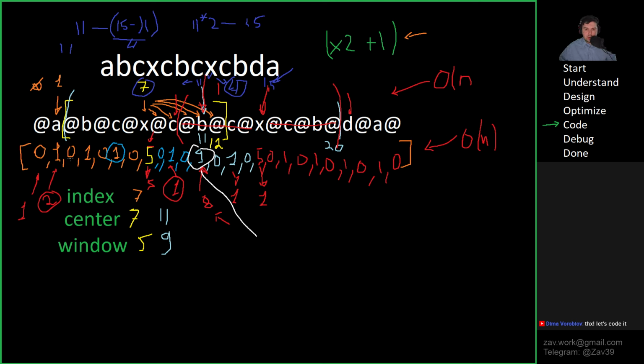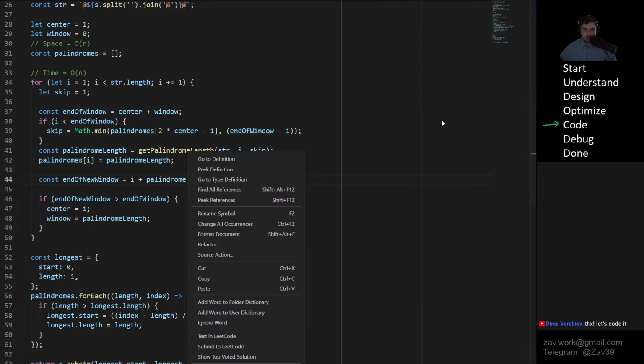We just go through all of them and find that 9 is the biggest one. But it's not all. We need to make one additional action. It's not too complicated, but still required.